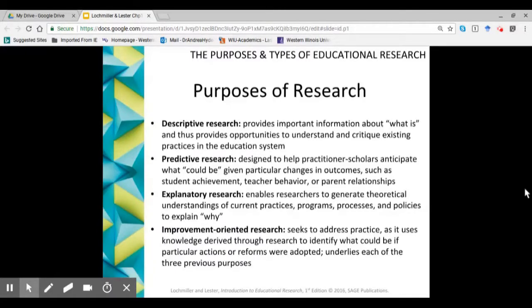There's predictive research, and again, it sounds like what you might think. It's designed to help the researcher anticipate what is likely to happen given particular changes in outcomes. This is definitely part of the purpose of research that aims to control variables, or to track the progress of something.